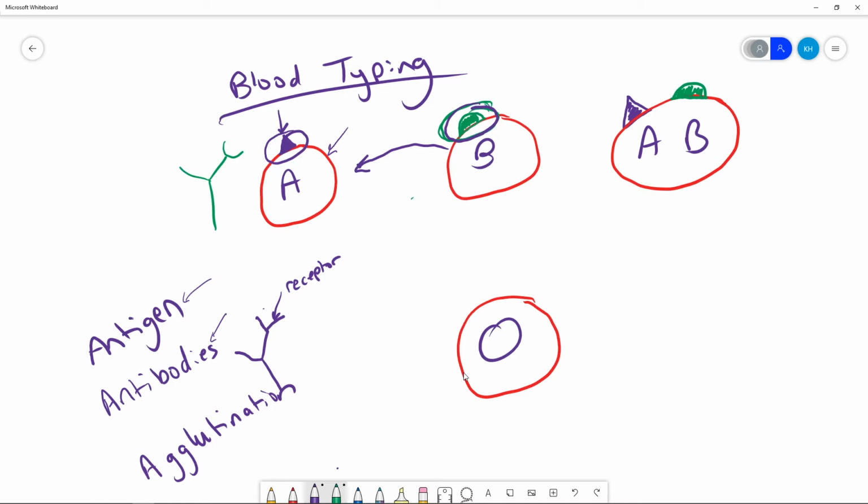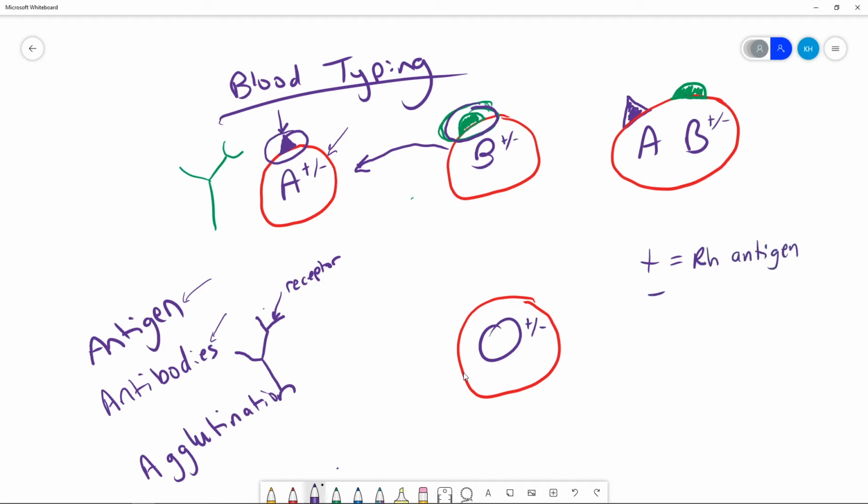But you may have noticed that I left something else out. You've probably heard of A positive or A negative blood types, and B positive and B negative, and the same thing for AB positive and AB negative, and even O positive and O negative. The positive that we have on blood is actually another antigen called the RH antigen.